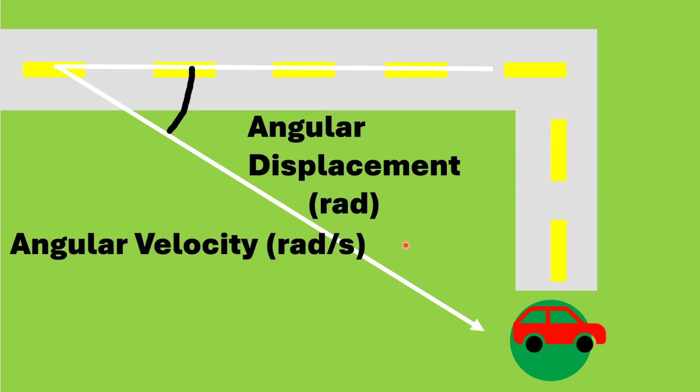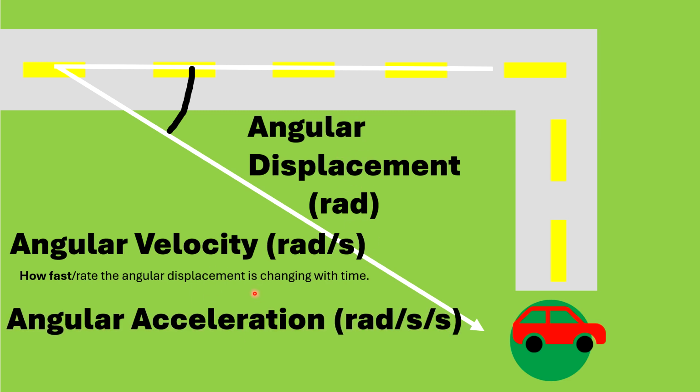Now, angular velocity is the radians that were used to turn divided by the time. So it's the rate of change of angular displacement, meaning angular displacement divided by time. And then we have angular acceleration, which is angular velocity divided by time, and hence radians per second, if that makes sense.